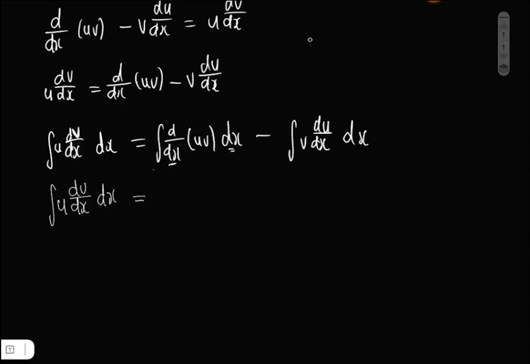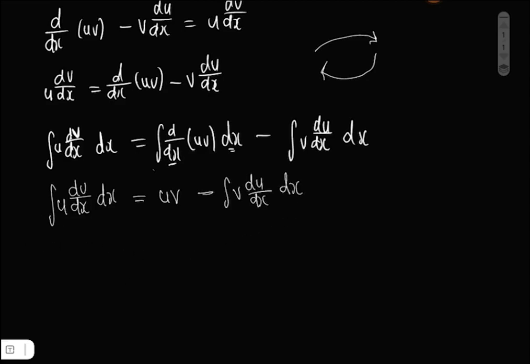If I differentiate, I go one way. If I integrate, I'm coming back. It's like anti-differentiation. Here, I differentiated uv, then I integrated my derivative, so I'll be back to uv, minus the integral of v du dx with respect to x.